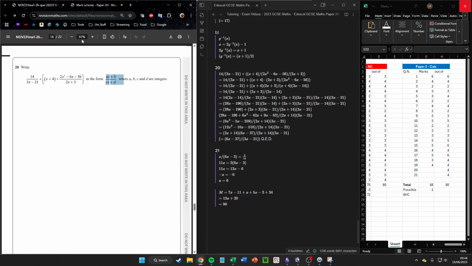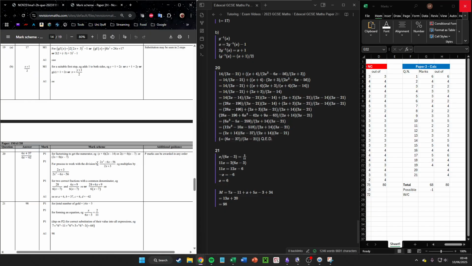I do end up factorizing together. Where are we here? Divided by. I don't think I do this, to be honest. Definitely did this one. Definitely did this one. A equals 6, B equals 37. Did not get that one because I ended up making that mistake at the end. I would say 2 out of 4. Did I factorize to get the numerator? Because the working out is so complicated.